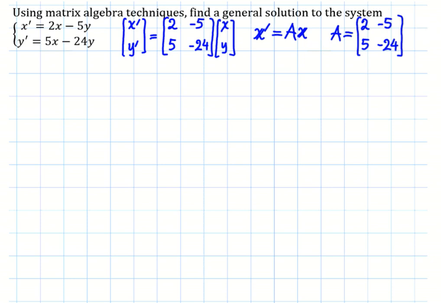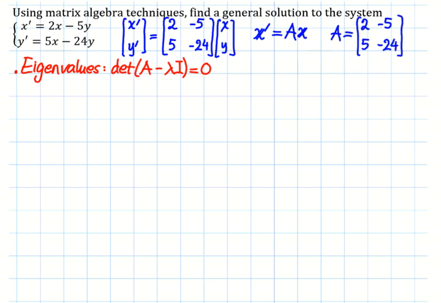First, the eigenvalues, which is the determinant of A minus lambda I equal to 0.